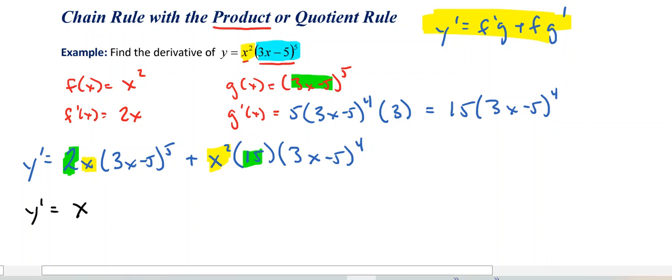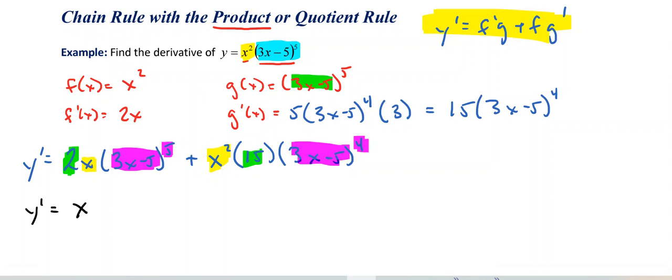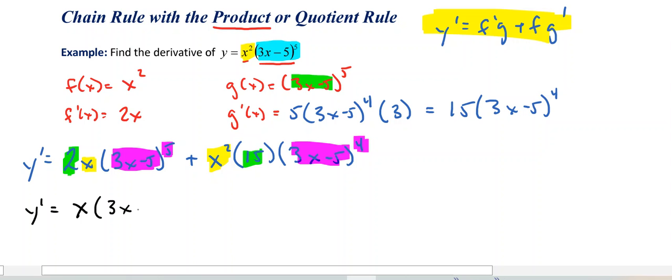And then I have (3x minus 5) to the fifth power, (3x minus 5) to the fourth power. So I can pull out a (3x minus 5) to the lowest power. Remember, when we're factoring common factors, we always factor out the lowest power. So that would be the fourth. So that's what I'm taking out.